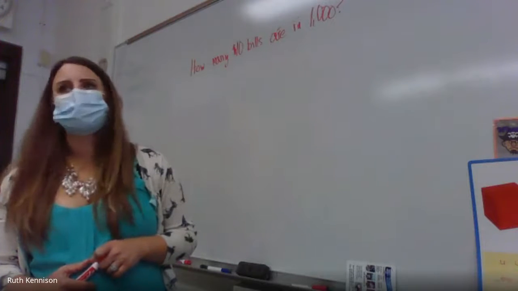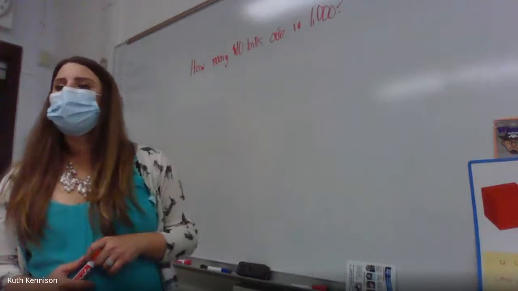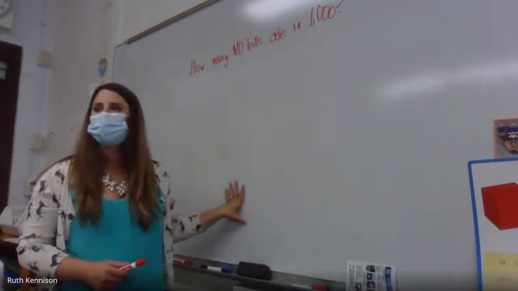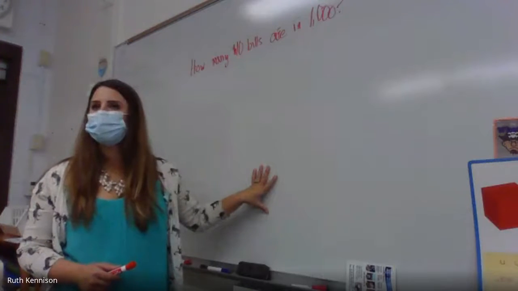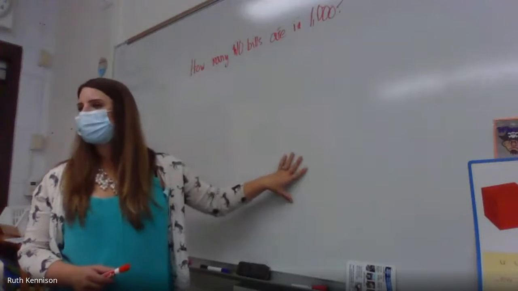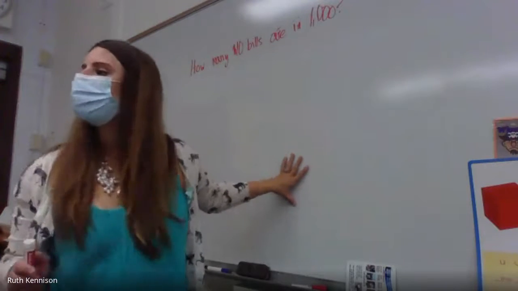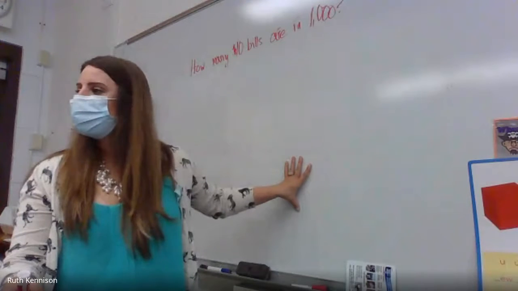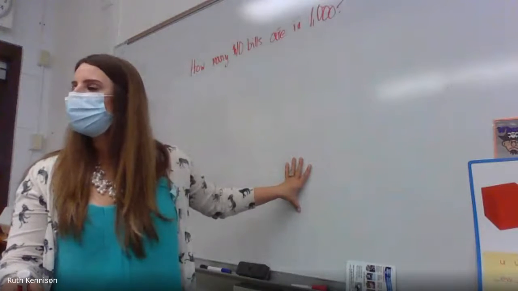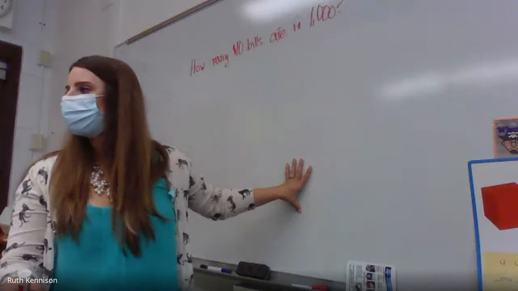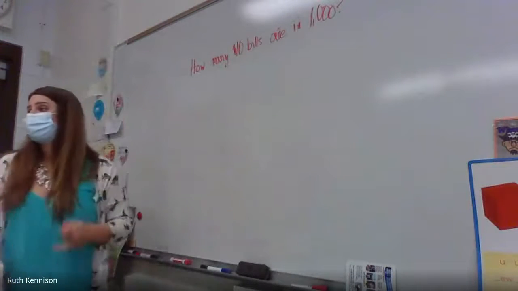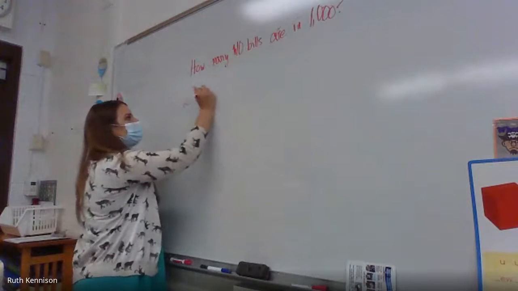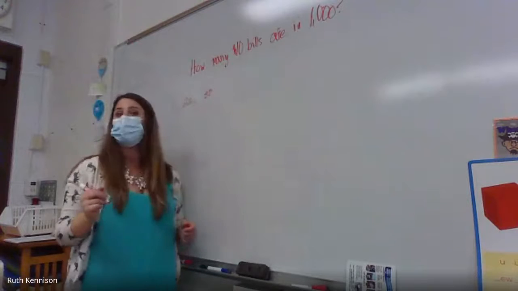That's not what I asked. So you were on the right track when you said there were 10 tens in 100 and 10 hundreds in 1,000. Okay, did anybody else? Now, Riley, show me what you're doing. So Riley, you had something else before, and for some reason you erased it. Riley was actually on a better track than anybody else because she looked like she was going 10, 20, 30, which would take her forever.